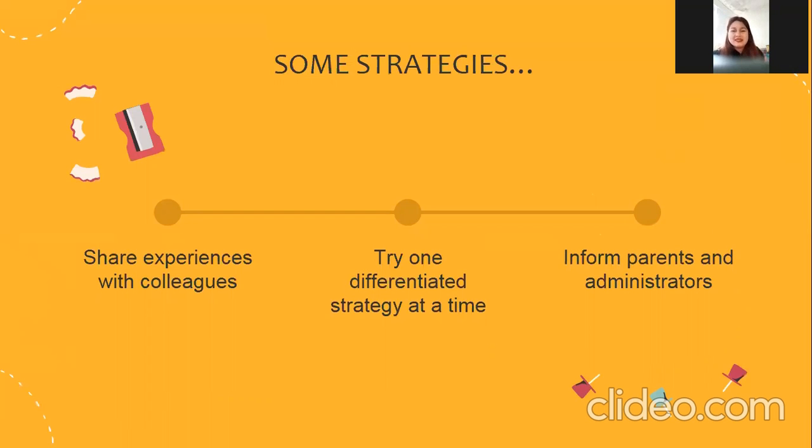It is not necessary to differentiate every lesson or every unit. For example, design 2 possible final products based on the students' interests or learning profiles as the final assessment of the unit. And last, inform parents and administrators of differentiated instruction and invite them to observe or help.